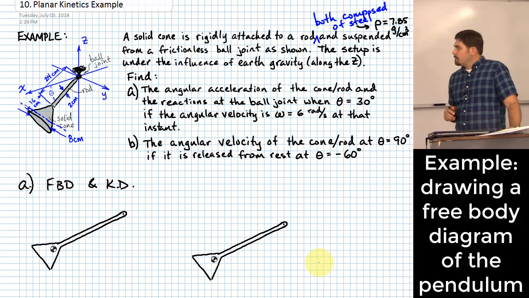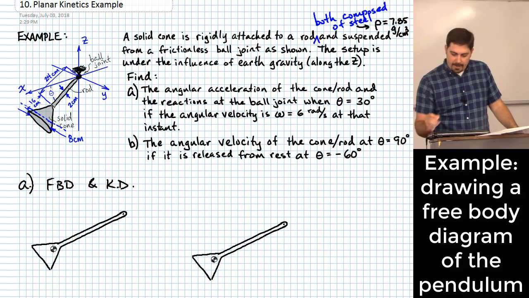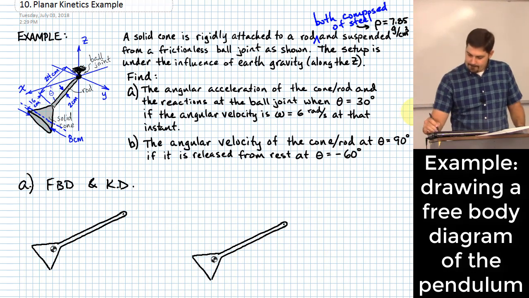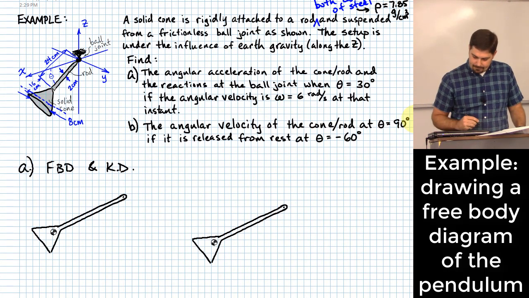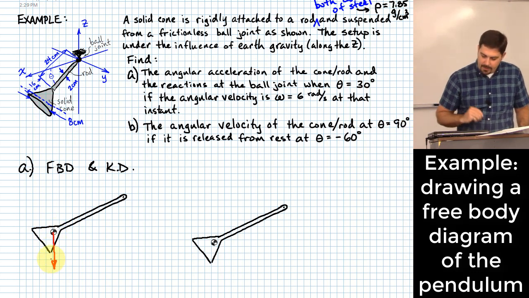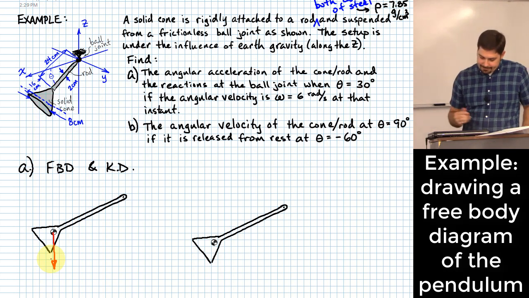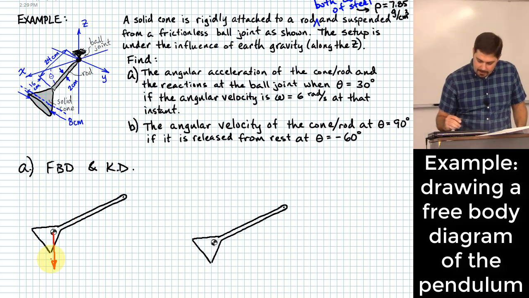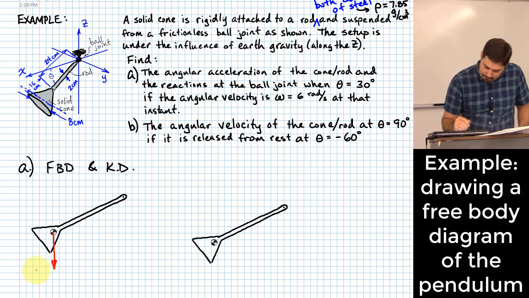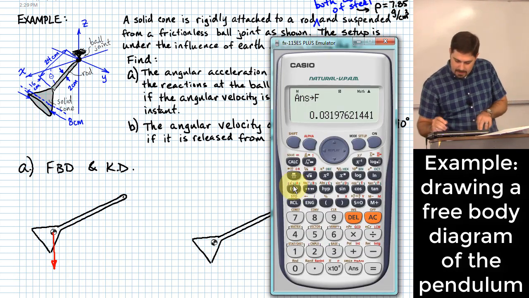Okay. So for the free body diagram, what sorts of forces act on the free body? Well, one that's fairly easy is that it is under the influence of gravity, right? And so the influence of gravity is just going to be equal to the mass of this thing. I believe I had that in A and B, right?